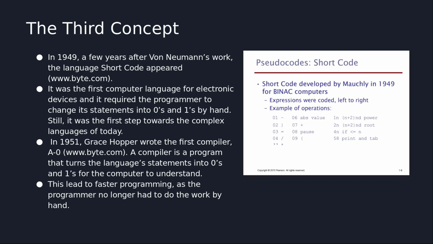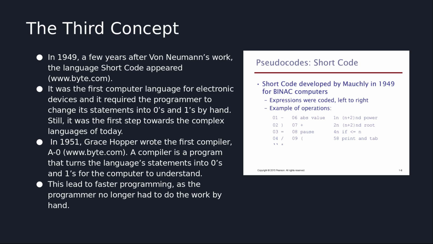This was called the language Short Code. It was the first computer language for electronic devices, and this required the programmer to change its statements into ones and zeros by hand, which is what I just described earlier. Still, this was the first step into the complex languages of today.